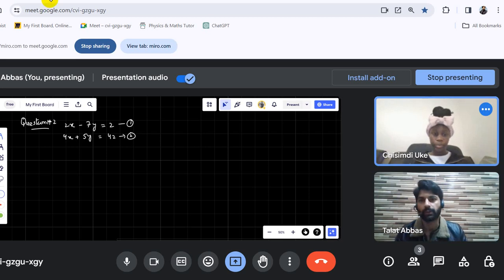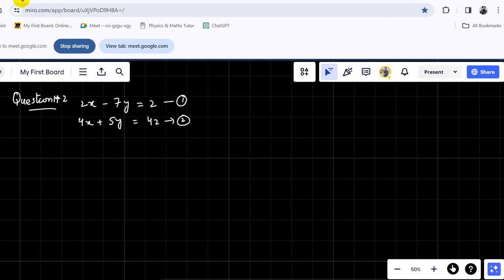Okay, we can start with the second equation. So I should write, just correct me if I write something wrong. 4x plus 5y is equal to 42. 4x is 42 plus 5y.